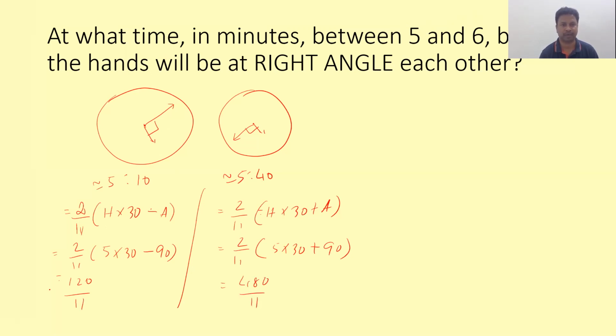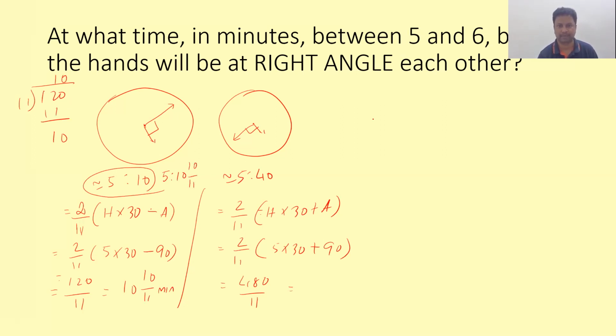If you make a mixed fraction, see this, 120 divided by 11, 1 time 11, the remainder is 10, so we can write 10 by 11 minutes. Approximately I said 5 10, but the actual answer is 5 hours 10 by 11 minutes, and there will be 90 degrees.